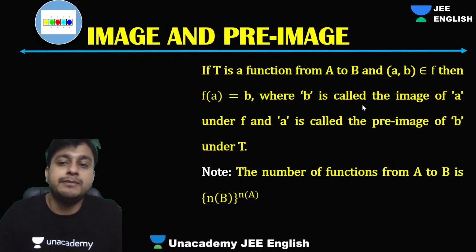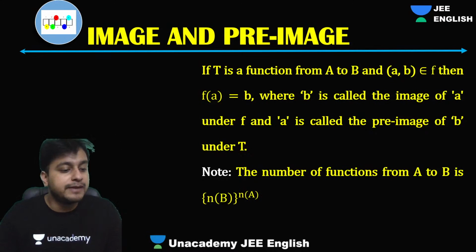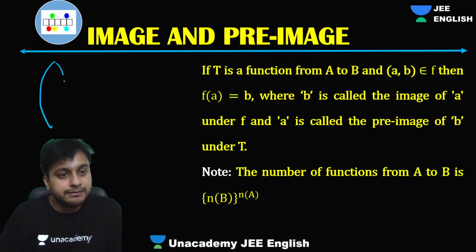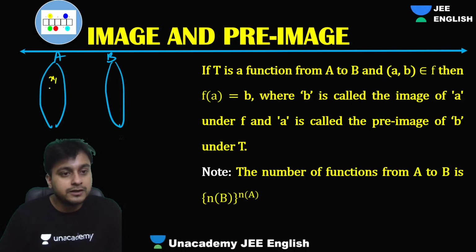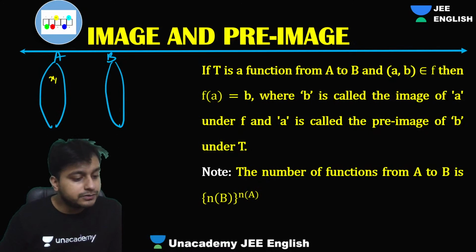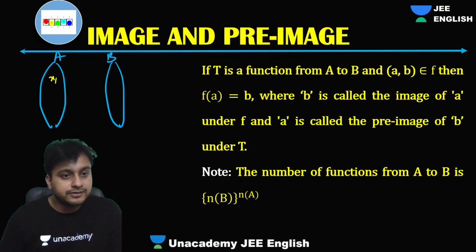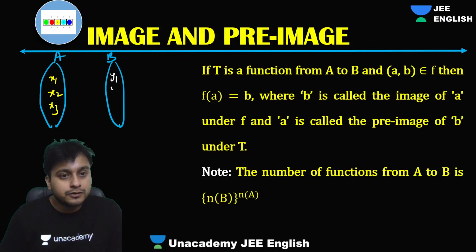Everyone has an idea about image and pre-image, I've already told you. Okay guys, so here, as every element from the first set is mapped, we are going from A to B. Let's suppose this is x1, x2, x3, then we will also have y1, y2, y3.